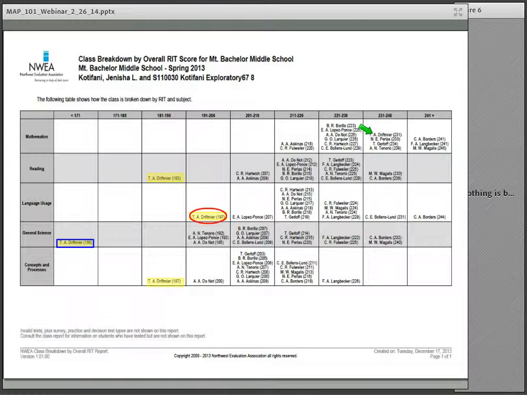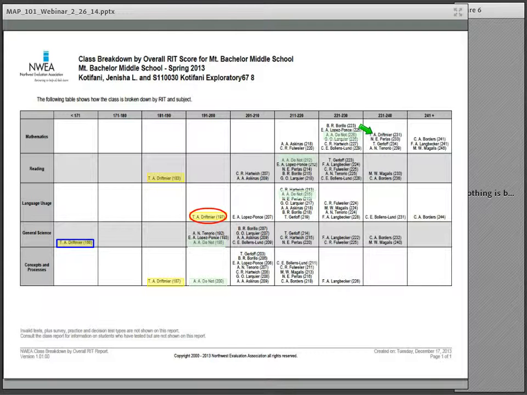He's very high. But look where he is in general science. Interesting. So his learning goes across 1, 2, 3, 4, 5, 6, 7, 8 different RIT bands. Interesting. Okay, let's look at another student.